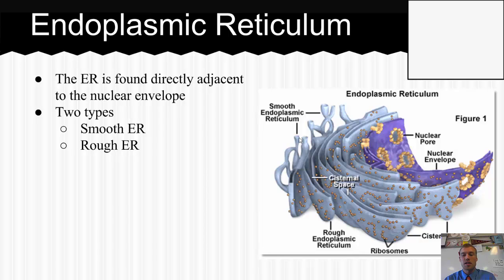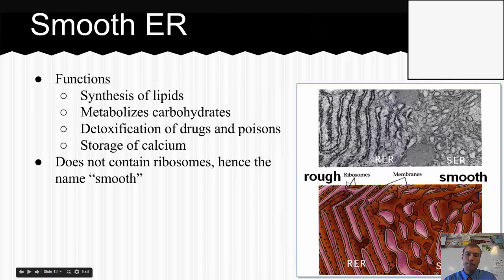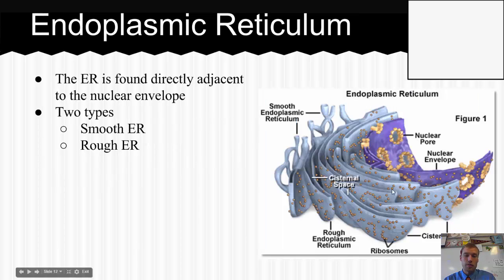So the endoplasmic reticulum surrounds the nucleus, and you've got both the smooth and the rough endoplasmic reticulum found right there. You can see that you've got channels, and how it would be very easy for the RNA that is leaving the nucleus from the process of transcription to come out into the rough ER and do its job.